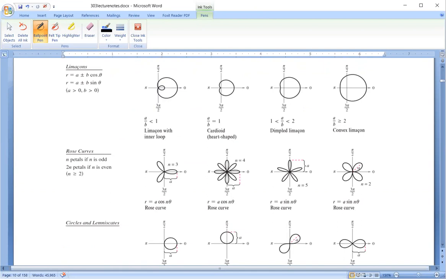So that is going to be one of these fellows up here. It's going to be a limaçon, but in particular, since a over b, the ratio of the coefficients, is 1, it's going to be a cardioid. So it's going to be this graph over here, with that little corner right in the middle.